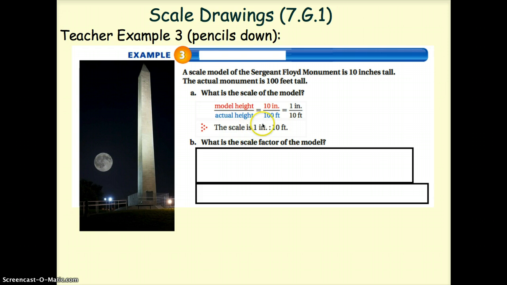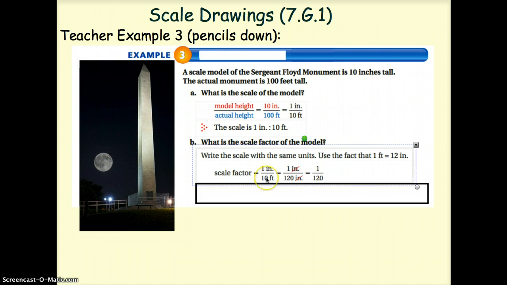So that means we don't want to change this 1 inch. We want to keep it as a 1. So that means we need to change our denominator. So if for every foot there's 12 inches inside of it, that means we need to multiply 10 times 12 to see how many inches in total there are in 10 feet.